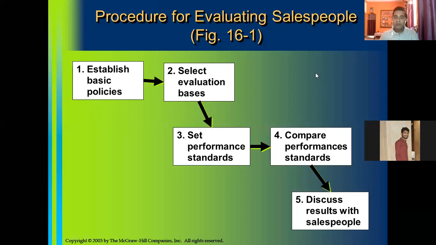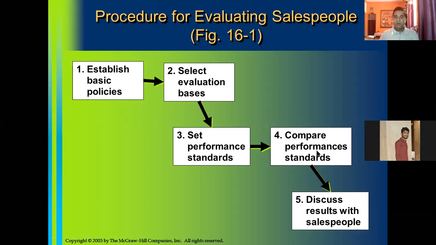If a sales rep has visited only 150 doctors in that month, compared to the performance standard of 200 doctors, his performance is 75%. So by comparing the actuals with the performance standard set, a manager can evaluate the performance of a sales representative. This sounds simple, but it's not that simple. We'll learn about it more in the illustration.